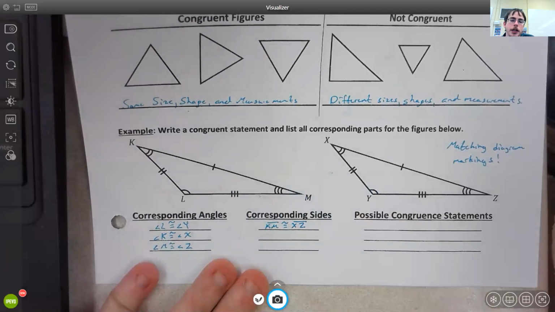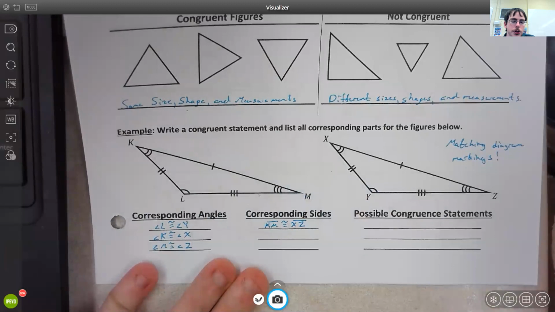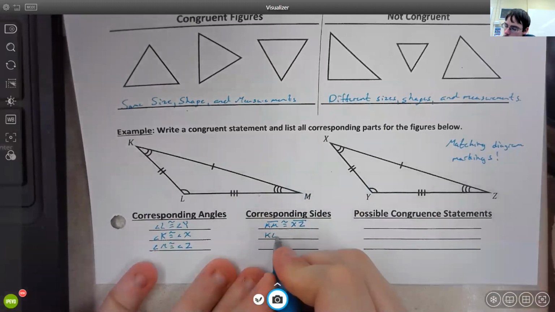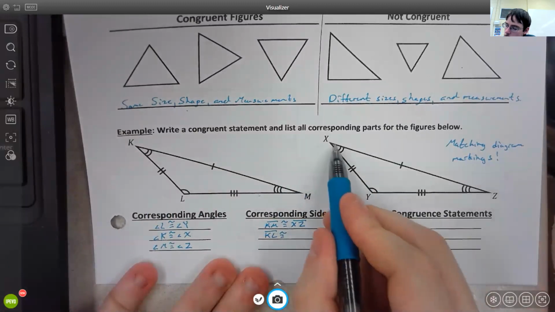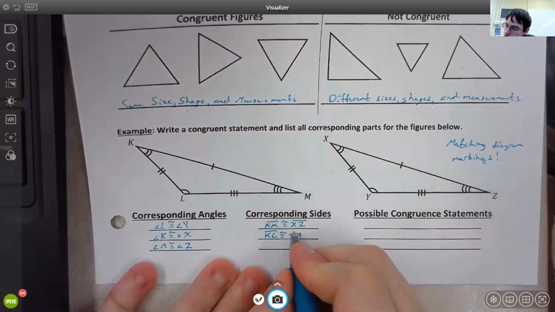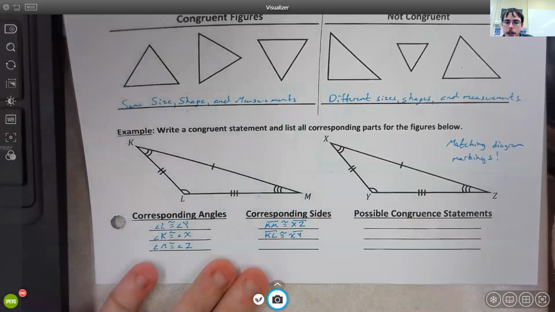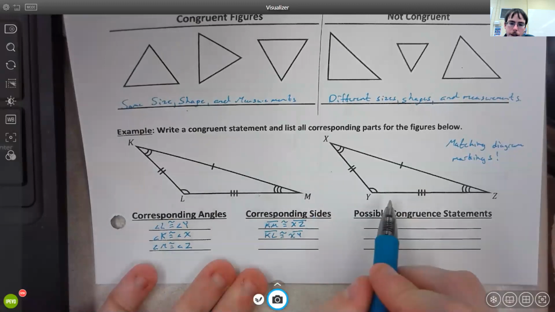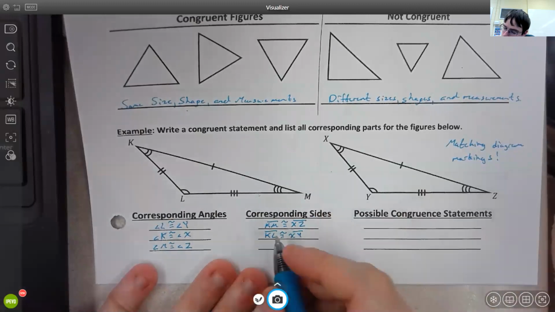All right, can you spot another one that would be a set of corresponding sides? You should be able to see that KL would be congruent to XY because they have the exact same number of diagram markings. And you should also be able to see that LM, which has three markings, is congruent to YZ because it also has three markings.